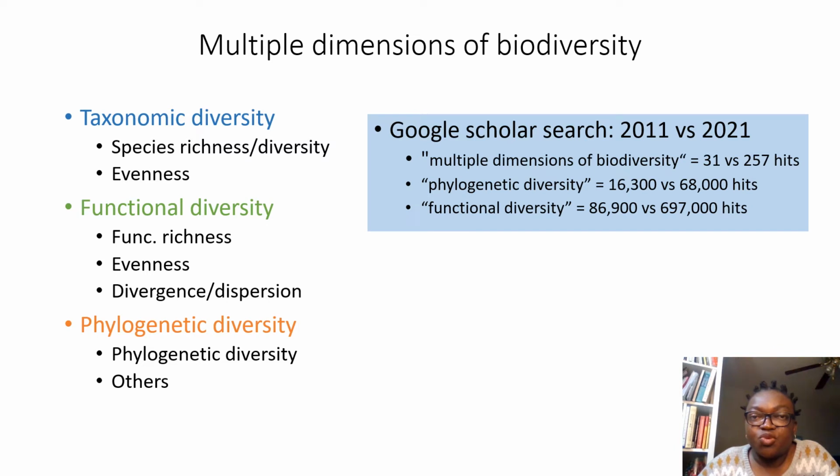And between 2011 and present day 2021, multiple dimensions of biodiversity have increased from 31 hits to over 250 hits. That's a magnitude of increase. Similar situation with phylogenetic diversity, and more so with functional diversity, because functional diversity is also used in other contexts beyond the multiple dimensions of biodiversity.